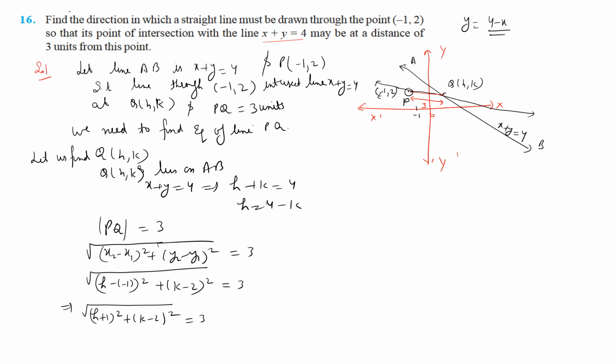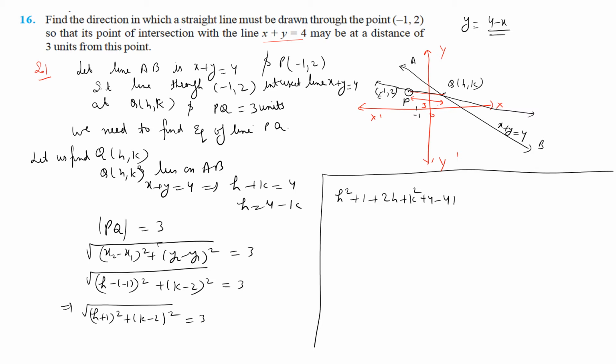When we square both sides, we will get h square plus 1 plus 2h plus k square plus 4 minus 4k equals 9.